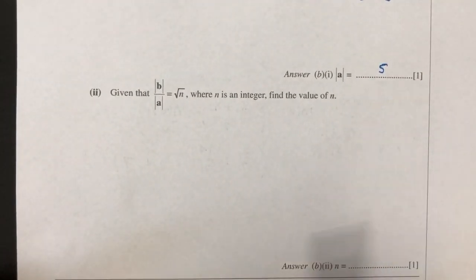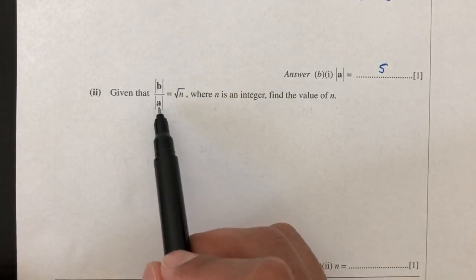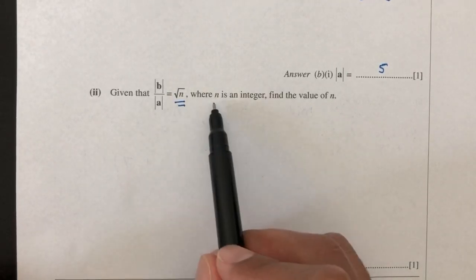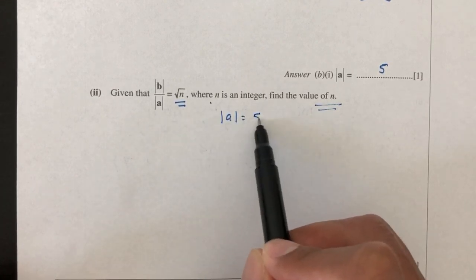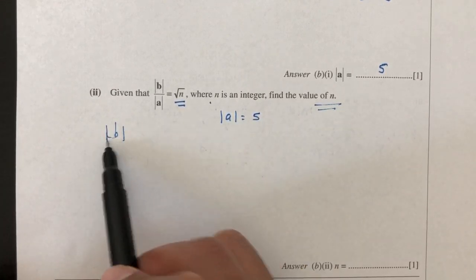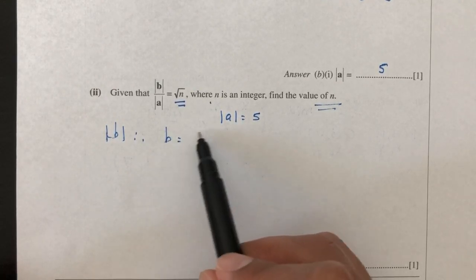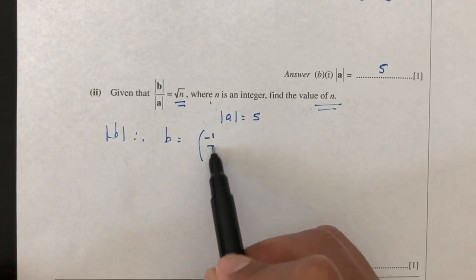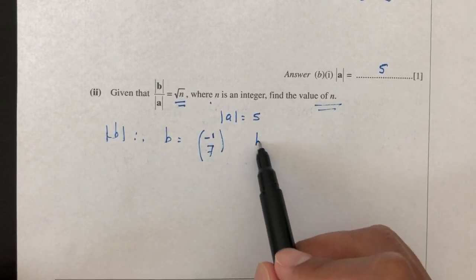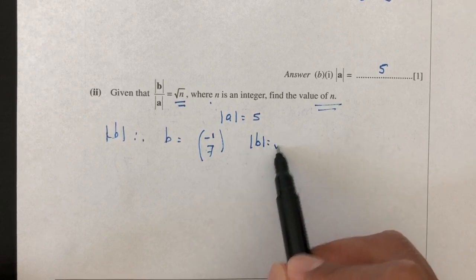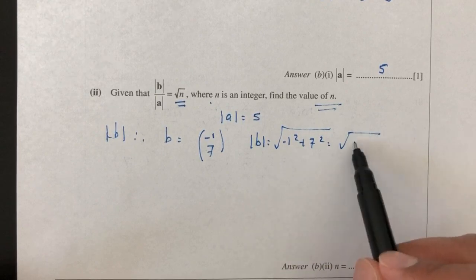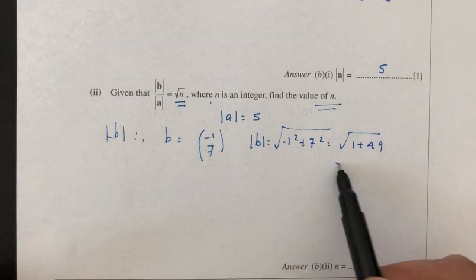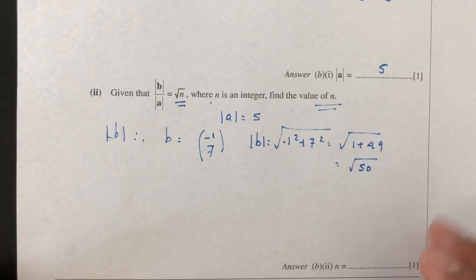Now for part 2, given that the magnitude of B over A is given by this, find the value of n. So we know A is 5, let's find the value of B. Vector B is given to us by this, minus 1, 7. So B will be the square root of minus 1 squared plus 7 squared, which is 1 plus 49, and that is 50.